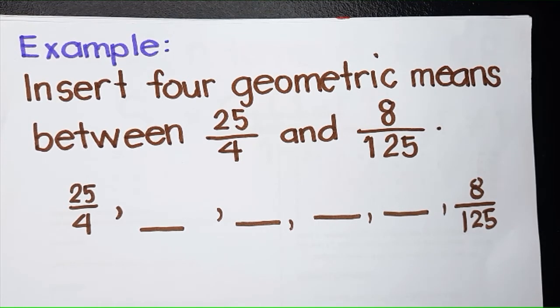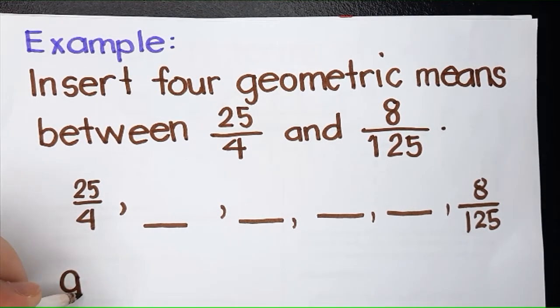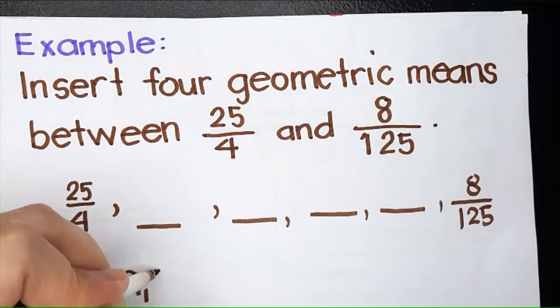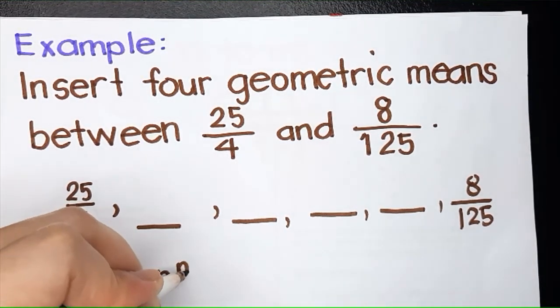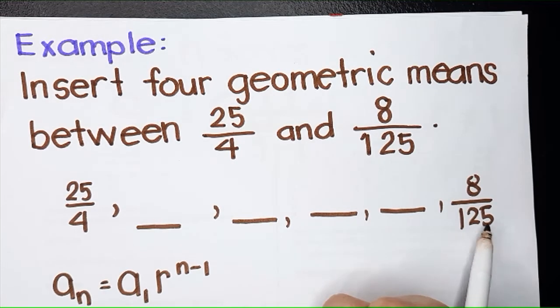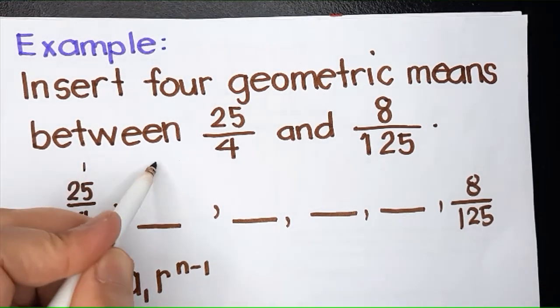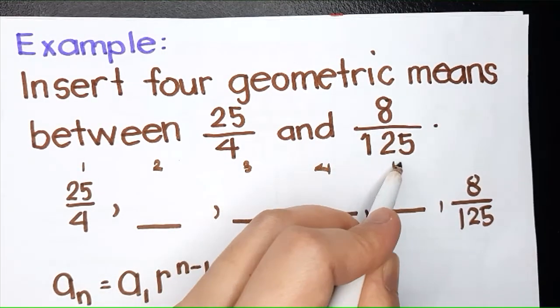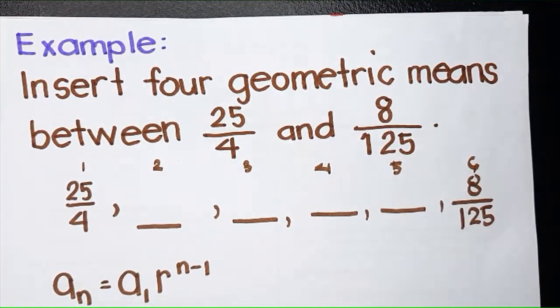You recall, a sub n is equal to a sub 1 r raised to n minus 1. Okay? So, pang ilang term ba ito? Okay? This is the first term, second, third, fourth, fifth, 6th. So, that's the 6th term.